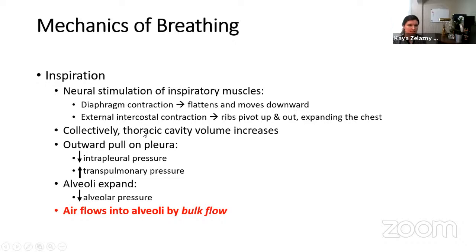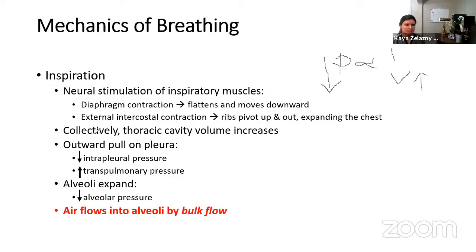This expands the volume of the thoracic cavity, and since we know that our pressure is inversely proportional to our volume, as we expand our volume in the thoracic cavity, our pressure is dropping down, because they're opposites of each other.